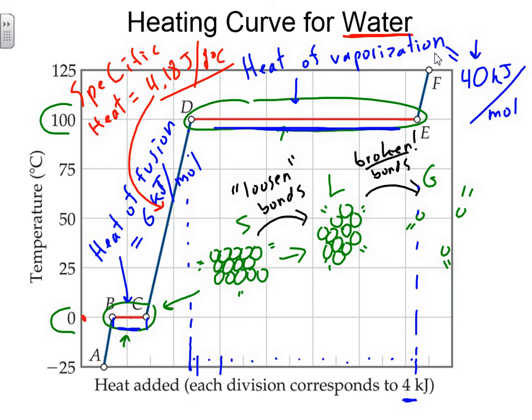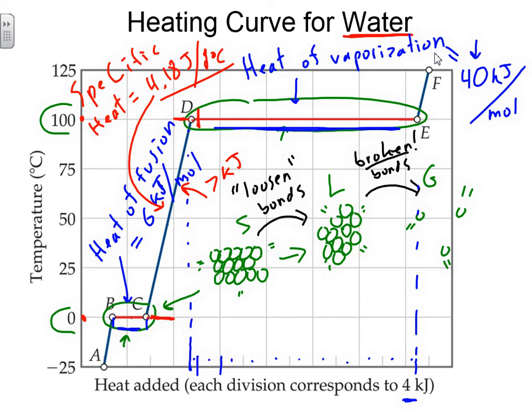If you calculate it, it's one division here and almost another division, so almost 8. I would say about 7. This division is 4, and up to here would be another 4, so about 7 kilojoules. That 7 kilojoules is divided among 100 degrees of water.